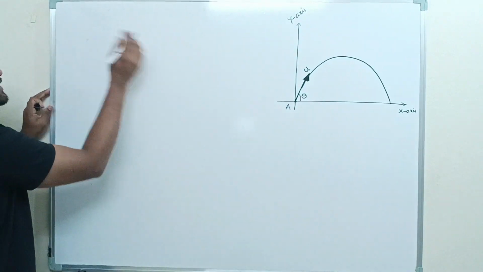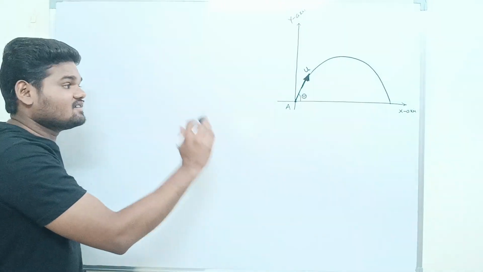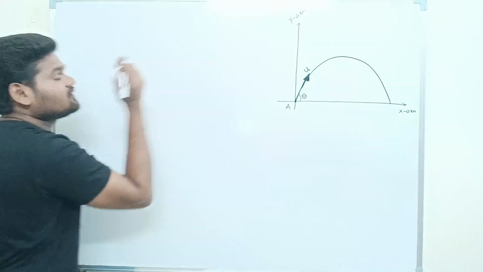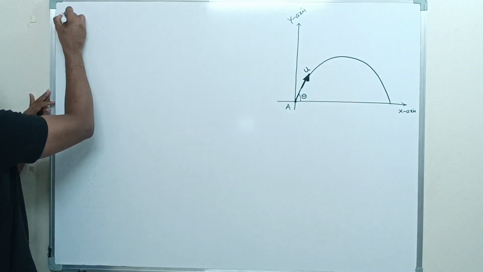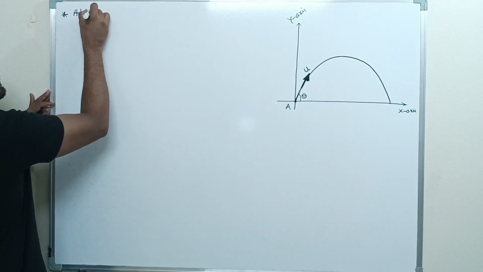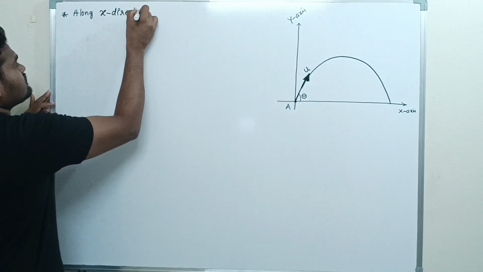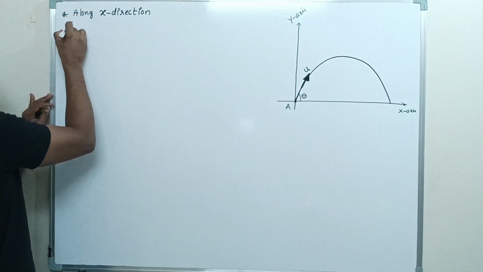I'm going to write the physical quantities like velocity, acceleration, displacement along the x-axis as well as the y-axis. So along the x direction, that is the horizontal direction.